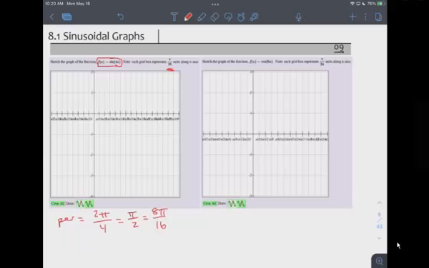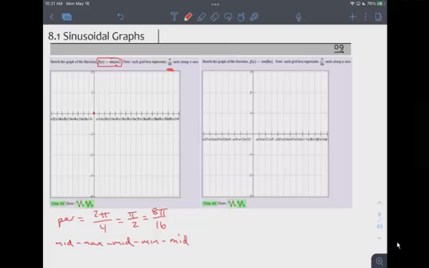So what this means is that every 8 of these grid marks, your cycle is going to complete. If I was sketching this, here's my starting one, because the sine starts at the midline, and then it goes maximum, midline, minimum, midline. Those are my 5 critical points on the graph for a sine.